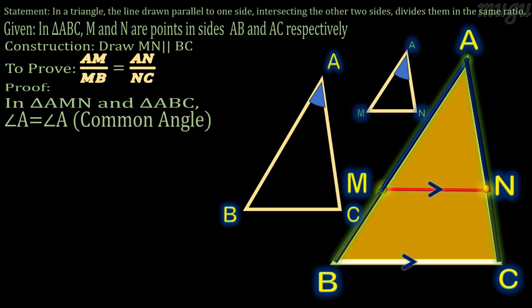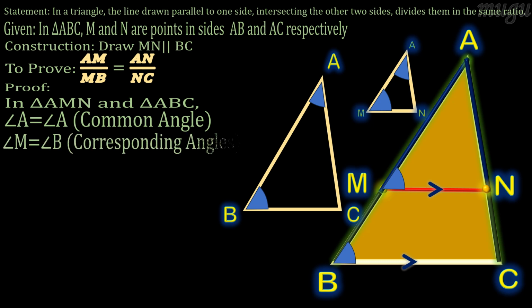Angle A is common. Next, angle B in the big triangle and angle M in the small triangle are equal. What is the condition for that? Those two are corresponding angles.